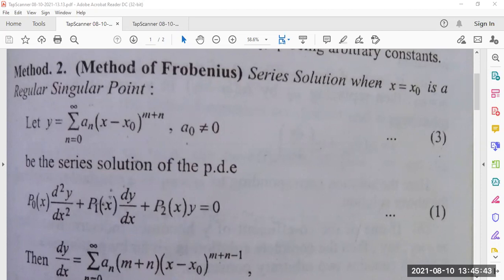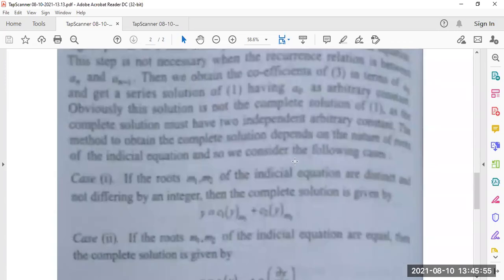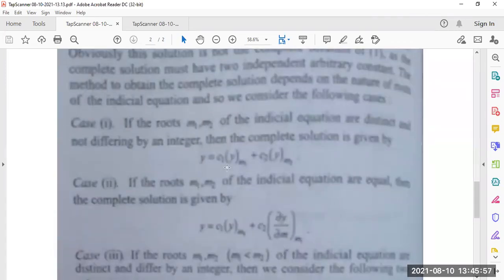Look here. Then our solution is y equal to c1 y at m1 plus c2 into y at m2.